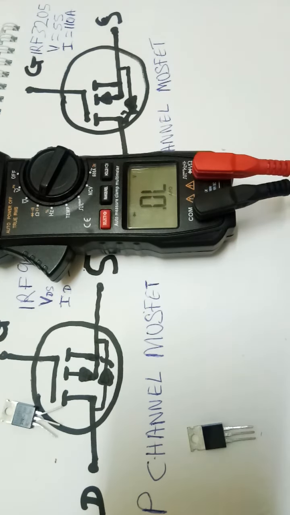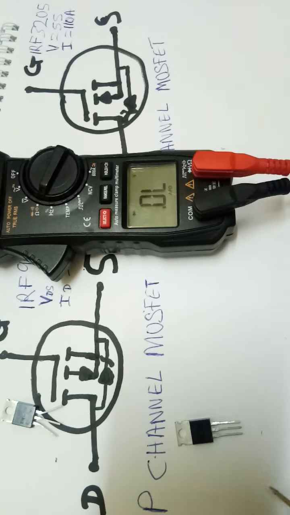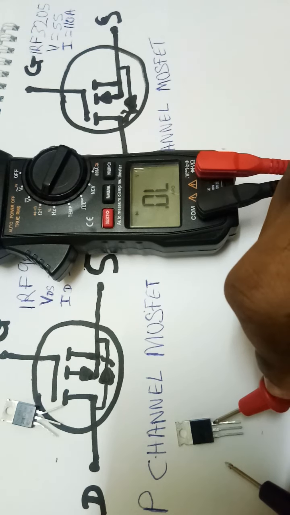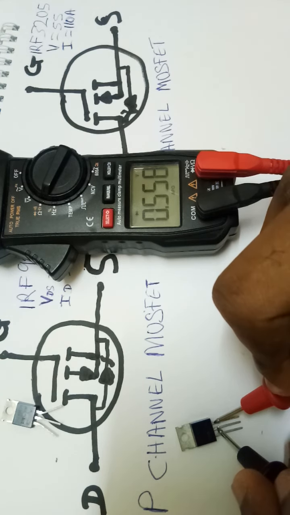So to test, if it is an N channel MOSFET, you place the positive probe at the source, negative probe at the drain. As you can see, this reading falls within the range of 0.4 to 0.9. This is 0.55. It is perfect.